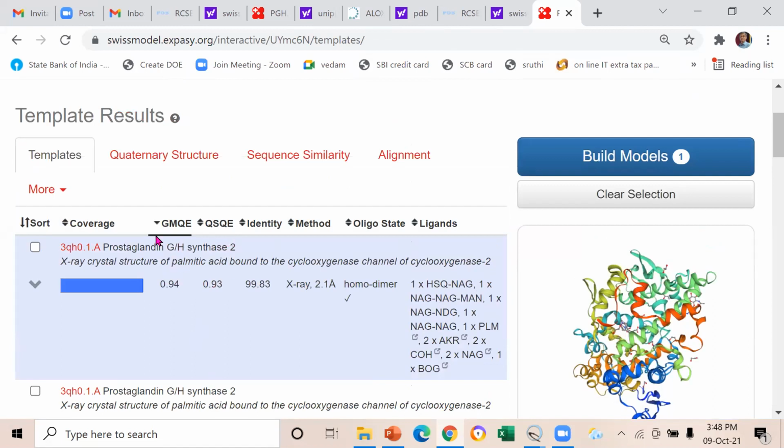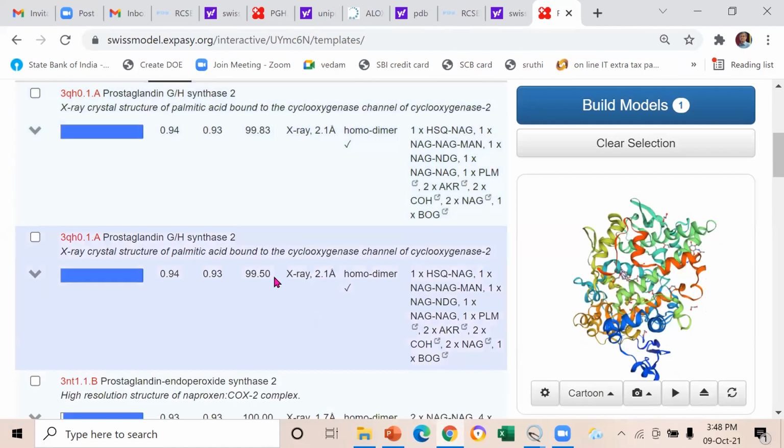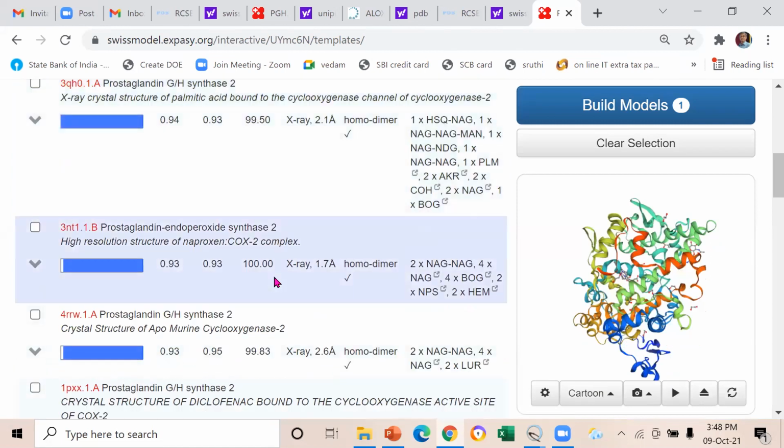We can sort it based on GMQE. So 99% identity, 99.5% identity, even 100% is there, because I gave a known protein sequence.